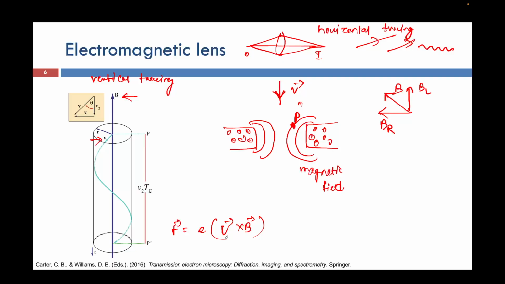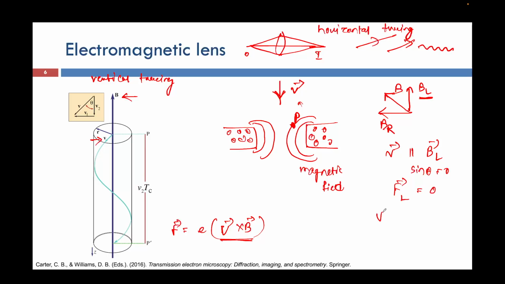That means V B sin theta. If you see, V is parallel to B longitudinal, so sin theta will be 0. That means the force my electron beam will experience due to the longitudinal component of the magnetic field will be 0.